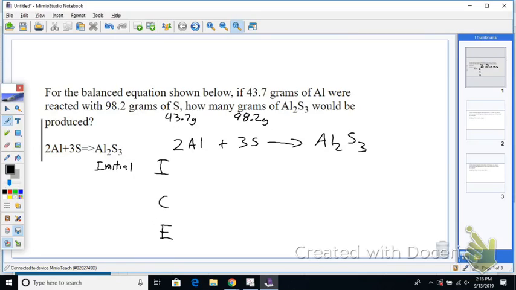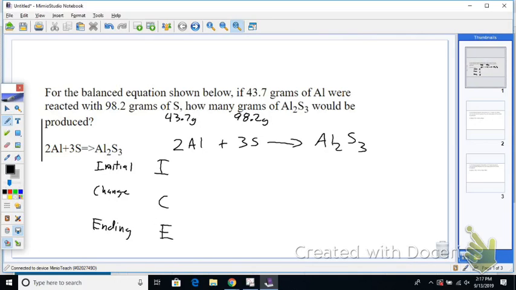The change is how much it loses. So in this case, change is how much you subtract out, or how much actually reacts. And then E would be the ending amount, the ending amounts of everything when you're done.